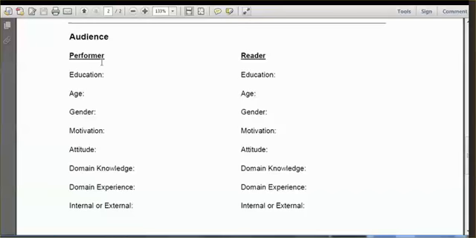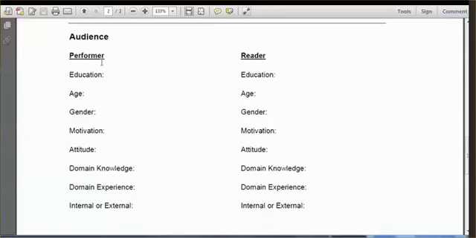Domain knowledge means, does the implementer or the adoptee of the practices or the policies need to have any specialized knowledge in order to be successful in the adoption? Or do they need to have any specific kinds of experience? And again, in my world, if it's a safety-based policy and you're targeting it specifically to working at heights or some type of safety performance policy, then the domain experience would be related to the work that they're doing.